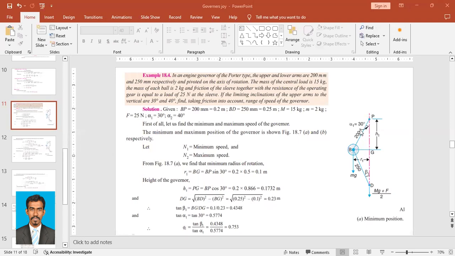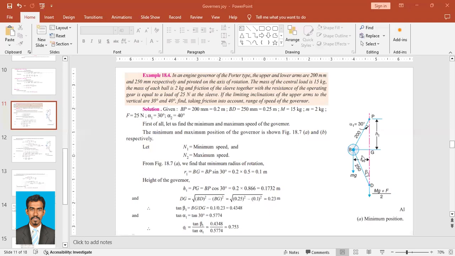The length of BP we know is 200, so that is 0.2 meter into sine of 30. Sine of 30 is half, that is 0.5. When you solve it, R1 comes as 0.1 meter.